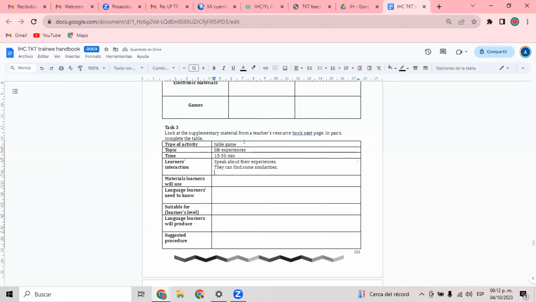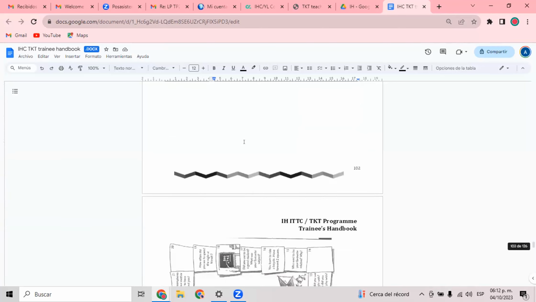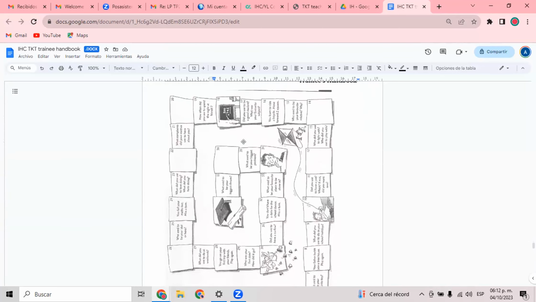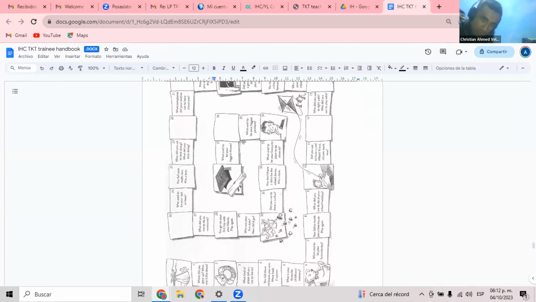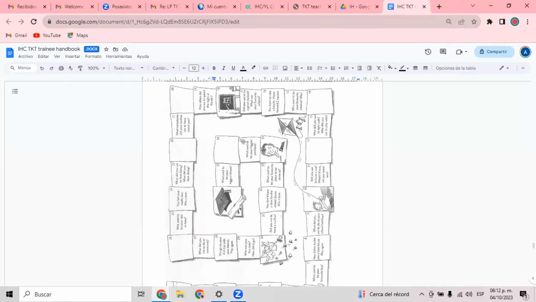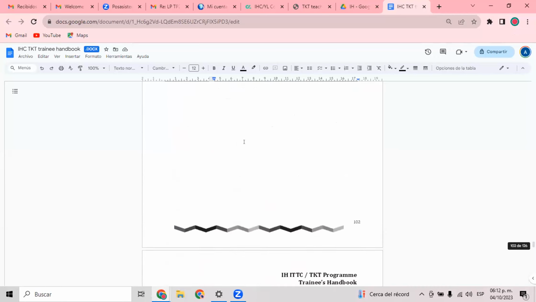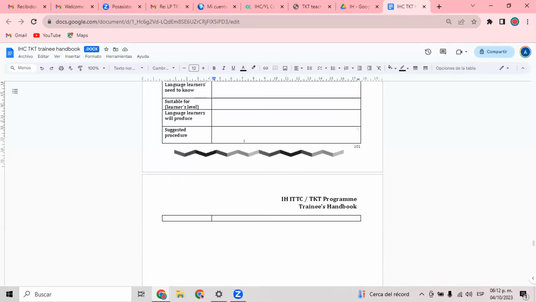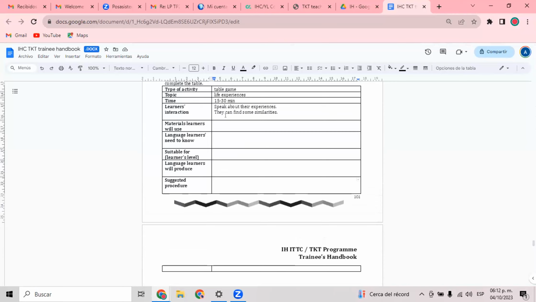I don't know if these terms refer to whether they can work in groups or in pairs or in small teams. I suppose yes, because it's peers, so they need to work maybe in pairs or in groups, and they can find some similarities between them.